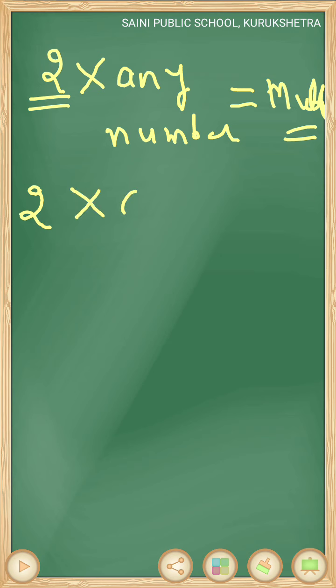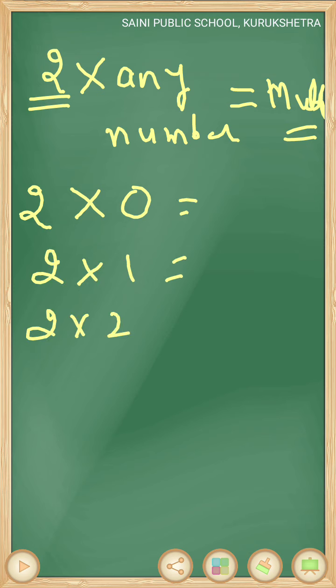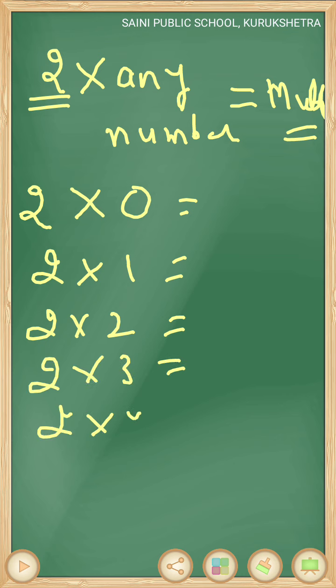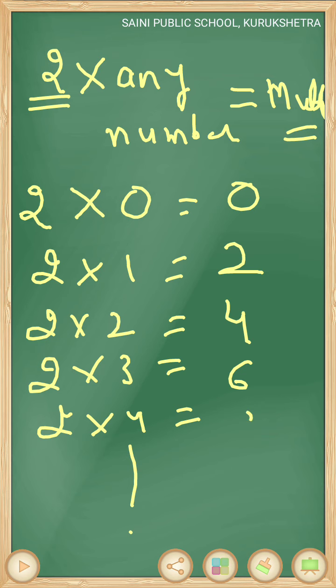Here I can write any number. It may be 0, 1, 2, 3, 4 and so on. So multiples of 2 are 0, 2, 4, 6, 8 and so on. These all are multiples of 2.